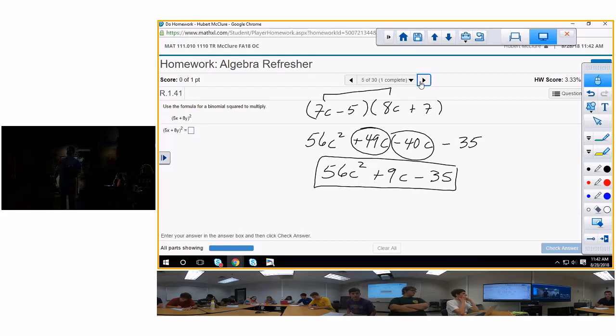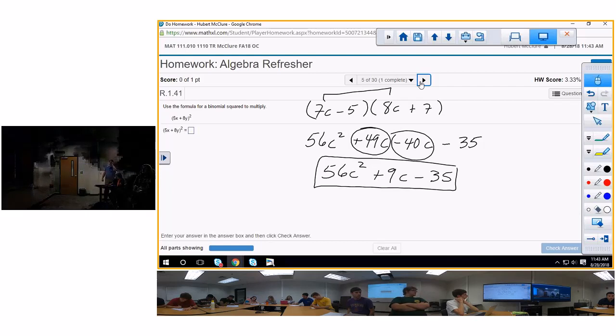You won't do it as fast as you do it in your head. By now, in Math 111, you should have said 25x squared plus 80xy plus 64y squared. 8 times 5 is 40, 40 times 2 is 80, right? So that'd be 25x squared plus 80xy plus 64y squared.